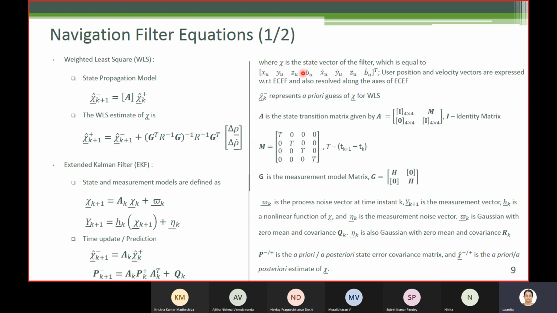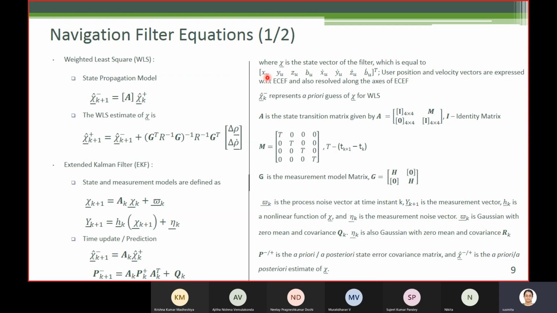Okay, but then at the first time instant, we need to do multiple iterations. Some 7, 8 iterations we need to do using the weighted least squares or simple least squares. In weighted least squares, we have to weight using the measurement error covariance. In simple least squares, R can be taken as the identity matrix. So with multiple iterations, we will be able to converge to some estimate.